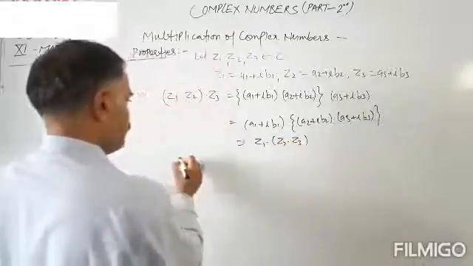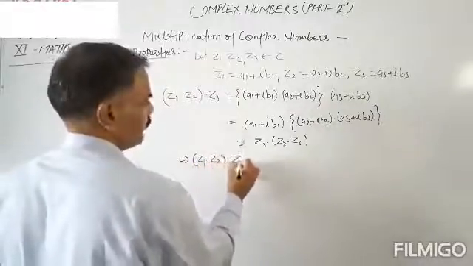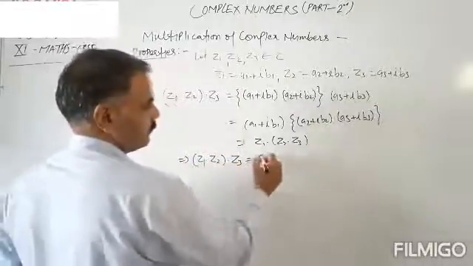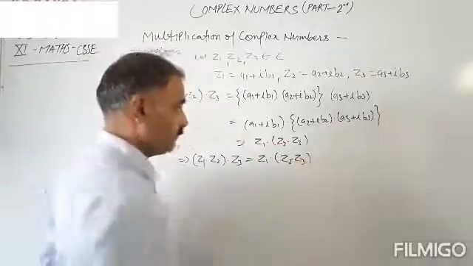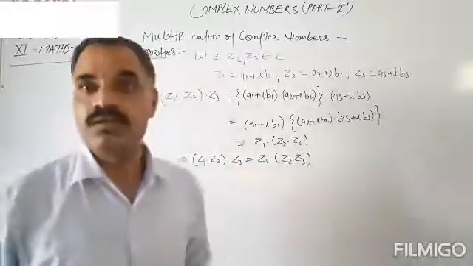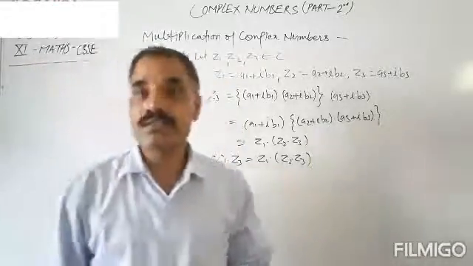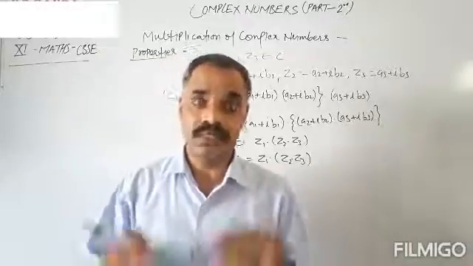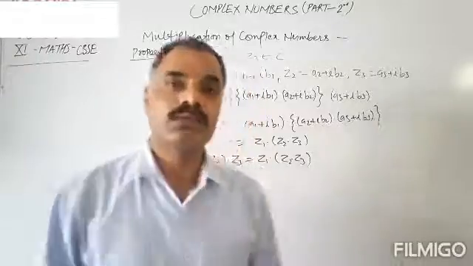So finally we can say that (Z1 Z2) Z3 is equal to Z1 (Z2 Z3). It means that without changing the order, we can change the grouping. This is said to be the associative property, and multiplication of complex numbers follows the associative property.